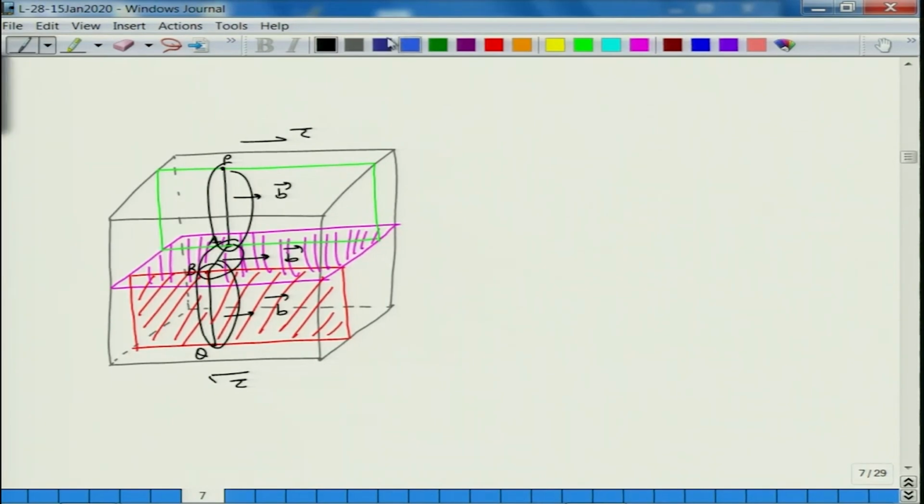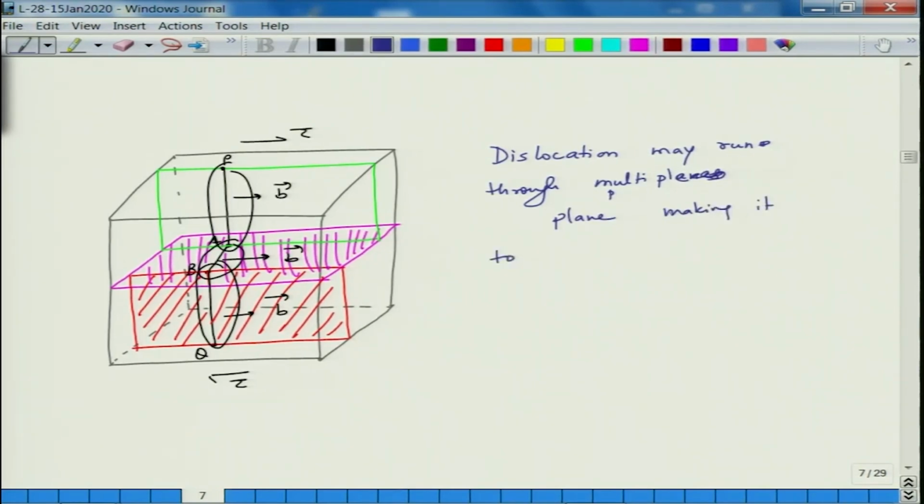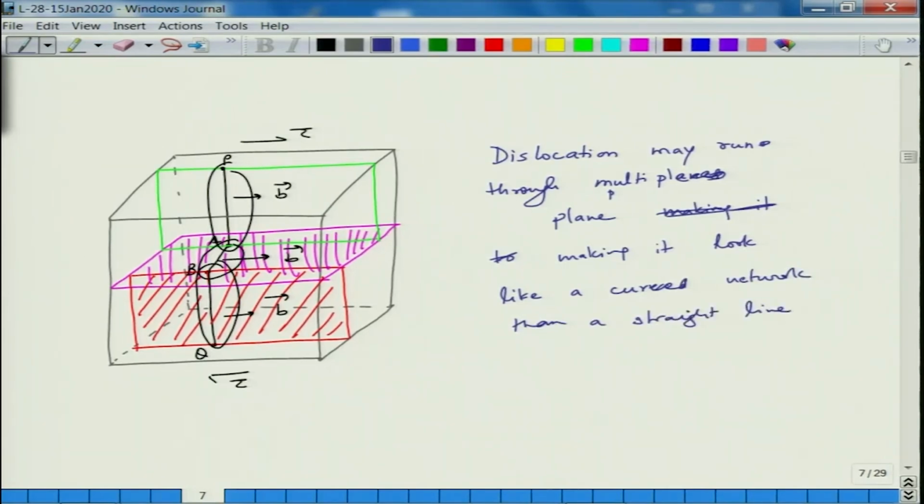So, basically what we are saying is that the dislocation may run through multiple planes, rendering it, basically making it look like a curved network rather than a straight line.